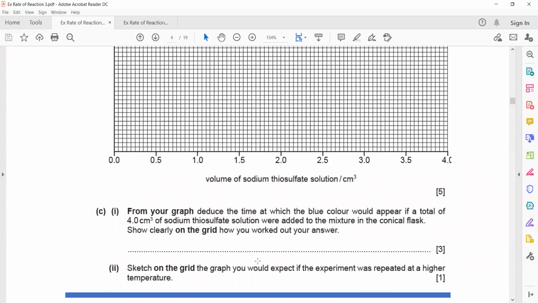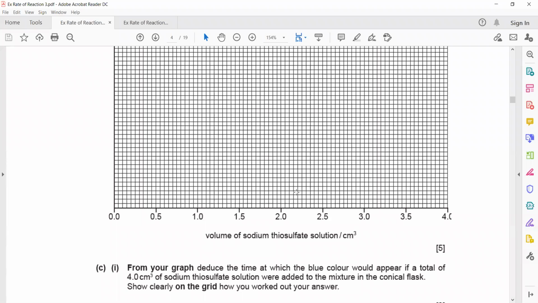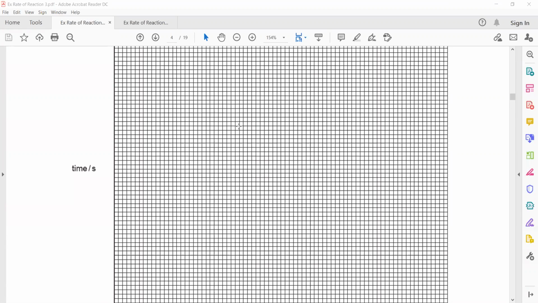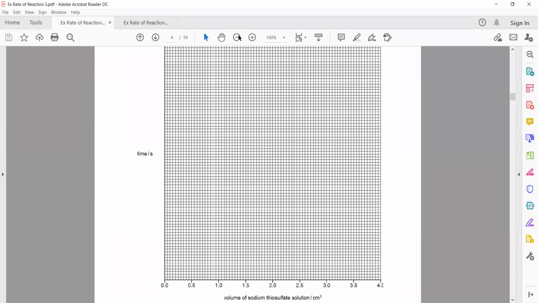Then sketch on the grid the graph you would expect if the experiment was repeated at a higher temperature. The color will appear in a short time. Let's say the black line represents the original graph.